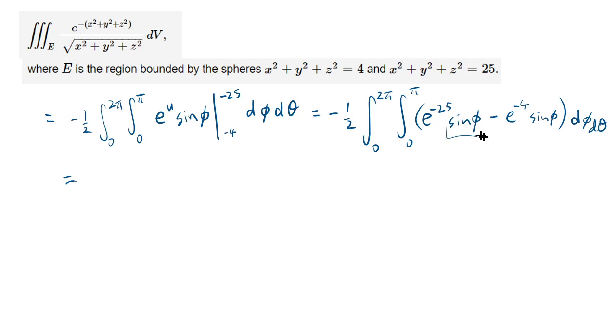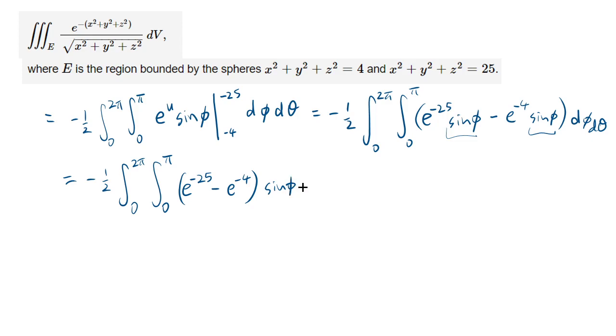I think since sine phi is the common factor, let's factor that out and see what we get. So you have e to the negative 25 minus e to the negative 4 times sine phi d phi d theta. And although this looks scary, it's just a constant multiple, so if you integrate sine phi, you just get negative cosine, right?